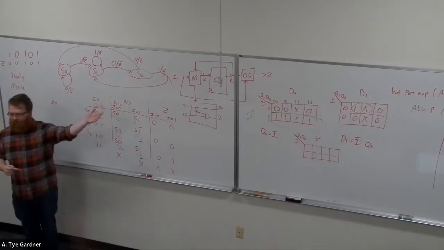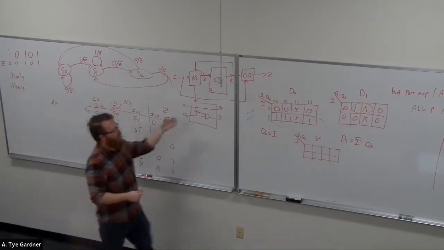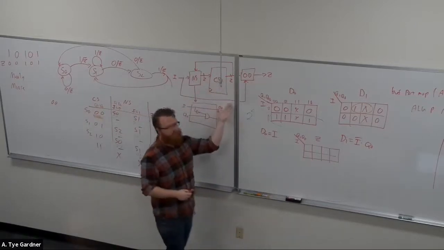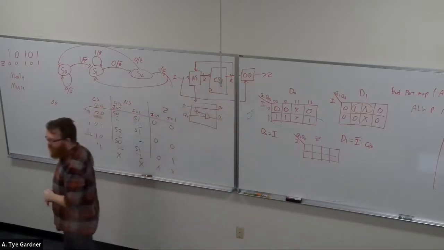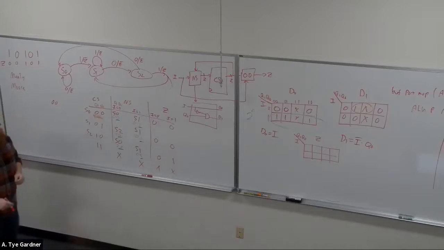It's just another K-map, same layout, it's the same things because I still care about current state and I still care about I. And now when I look at it, where do I pull my zeros and ones from?